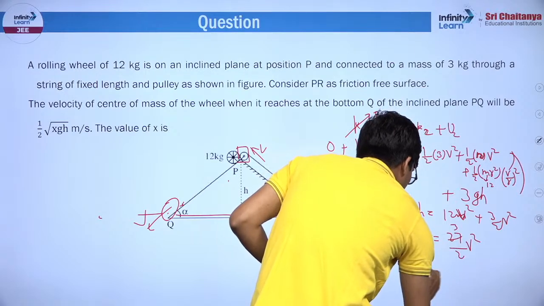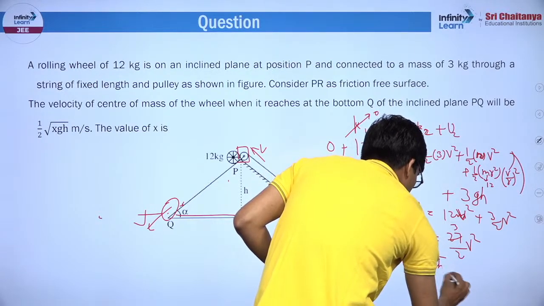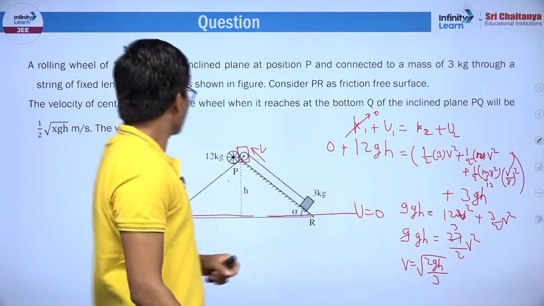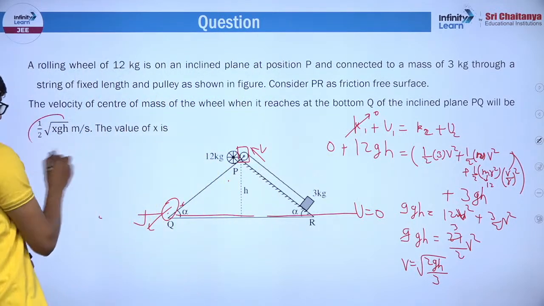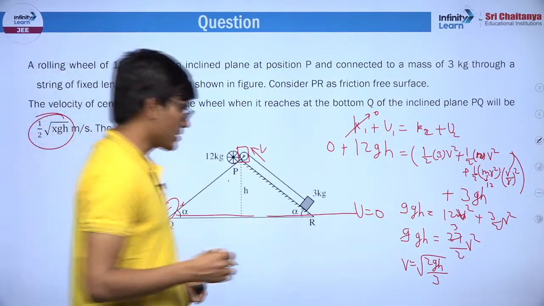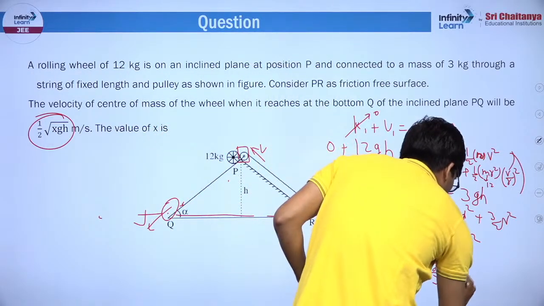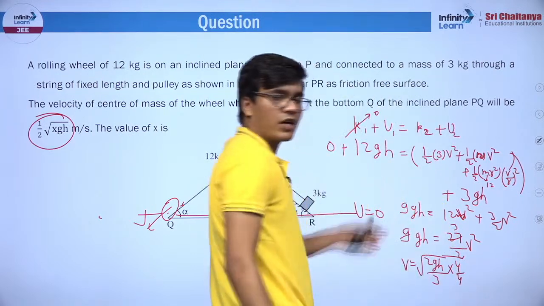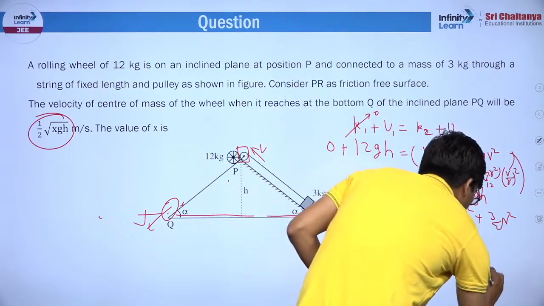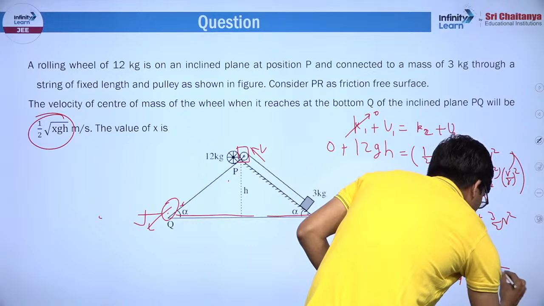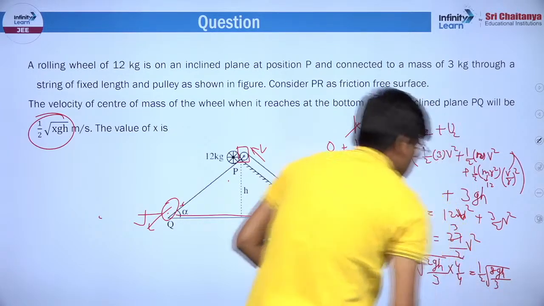So my answer should be root 2gh by 3. But if you see the expression, it is written something like this, 1/2 into x c s. So if you want 1/2 outside, what you can do is multiply 4 up and down, so 1/2 will come outside and inside you will have 8gh by 3.